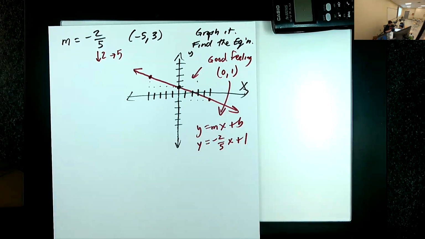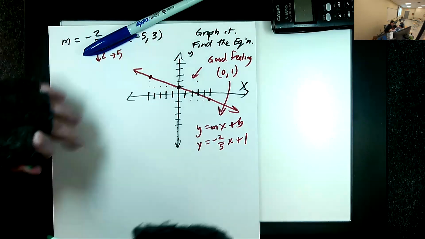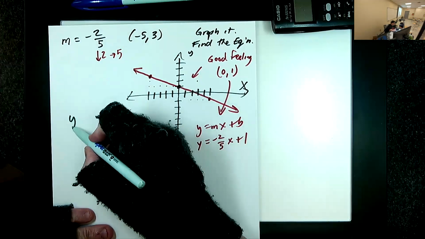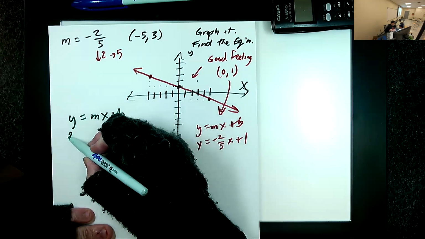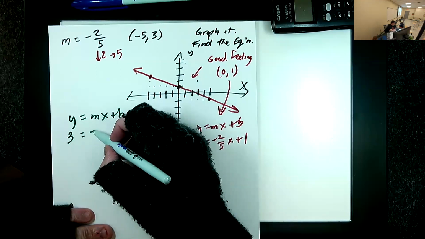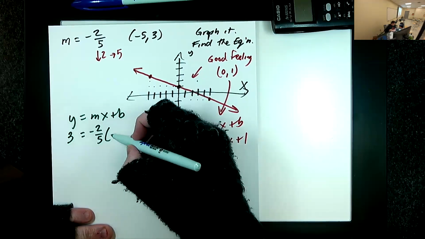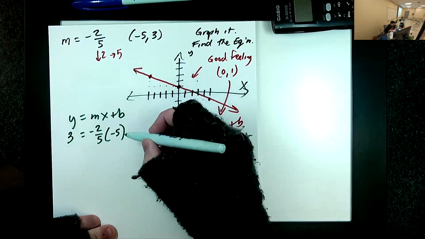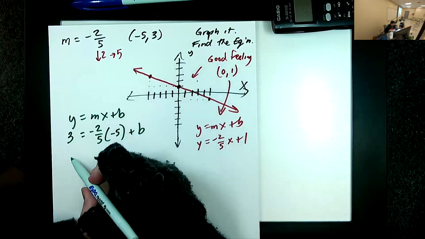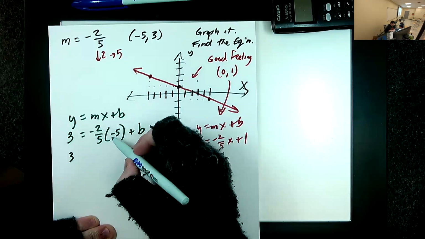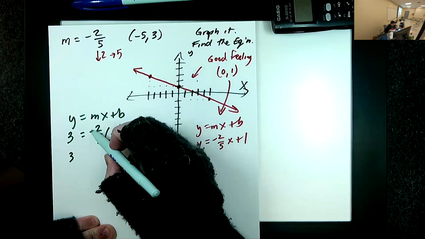I don't want to assume that, so I'm going to do my y equals mx plus b. 3 is my y, negative 2/5 is m, times negative 5, plus b. The negatives here cancel.